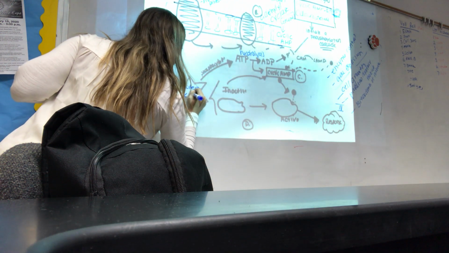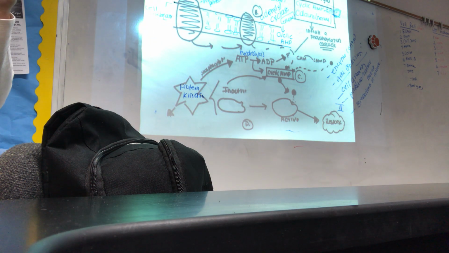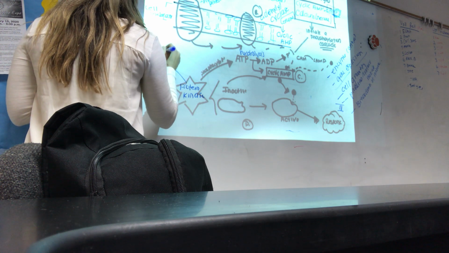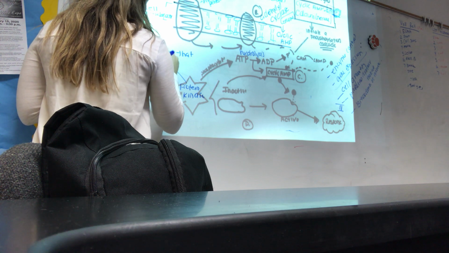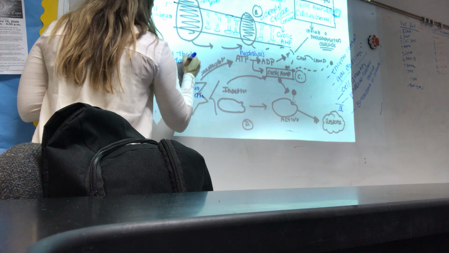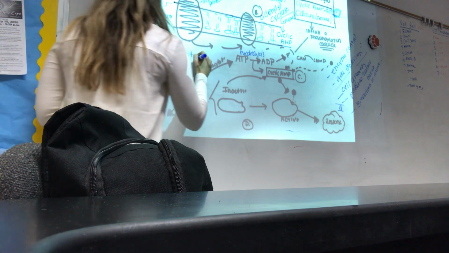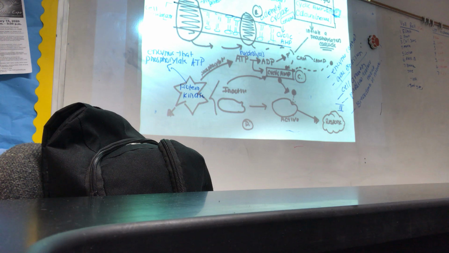So now what happens is you have a protein called protein kinase. Protein kinases are enzymes that phosphorylate, meaning they take off the phosphate from ATP.